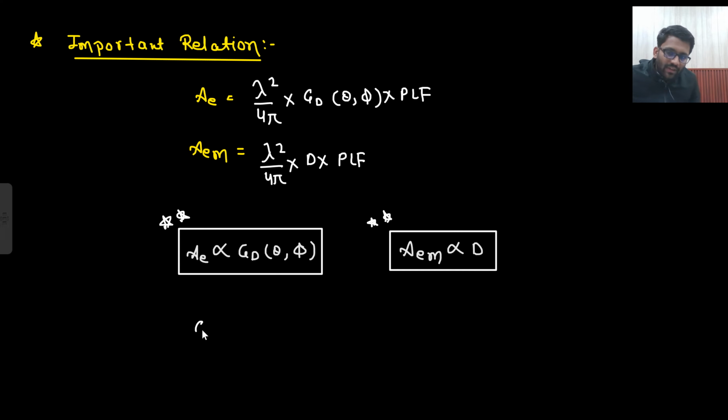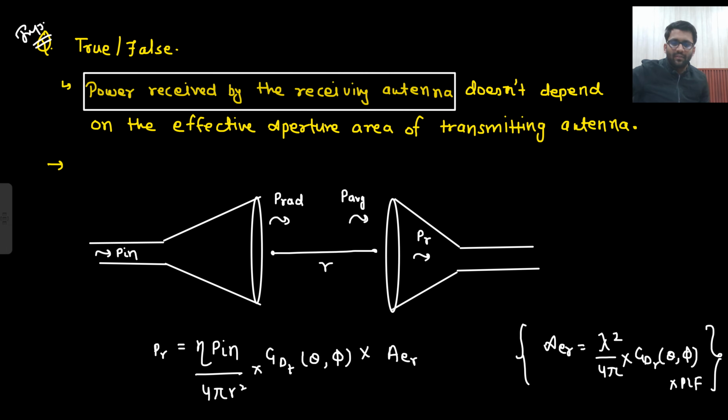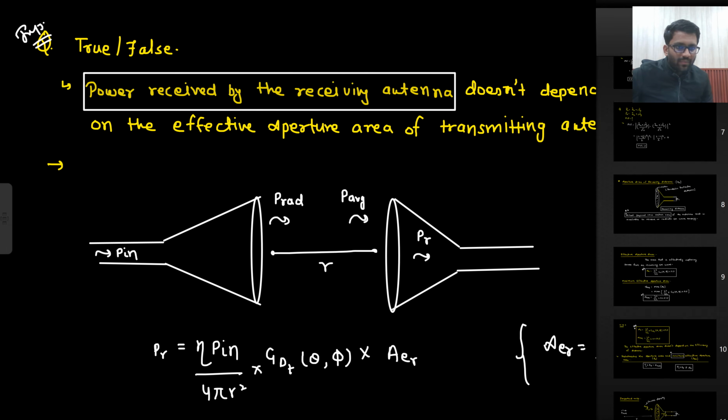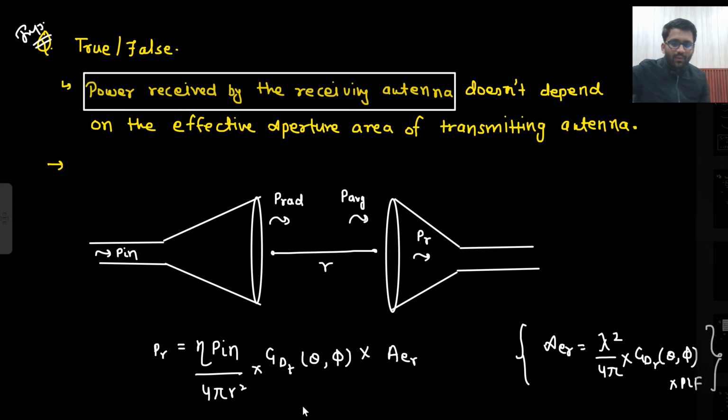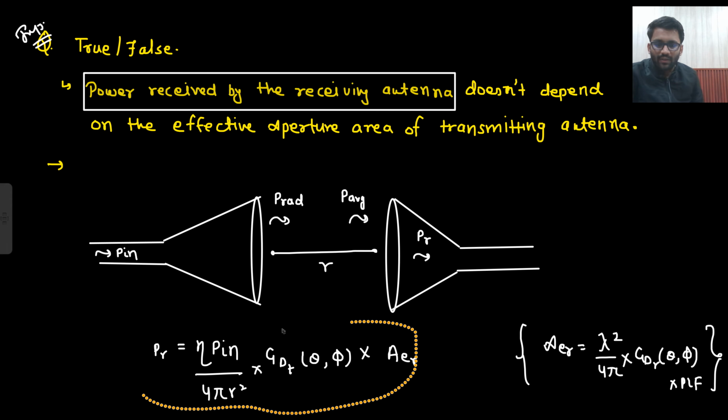My directive gain GD theta comma phi is 4 pi effective aperture area divided by lambda square, with the polarization loss factor. You don't need to remember this, but I just want to write it. I need to add a page. I just need to modify this particular expression.